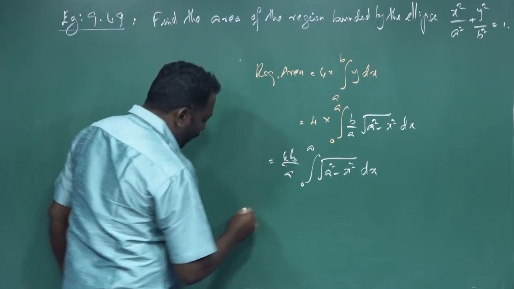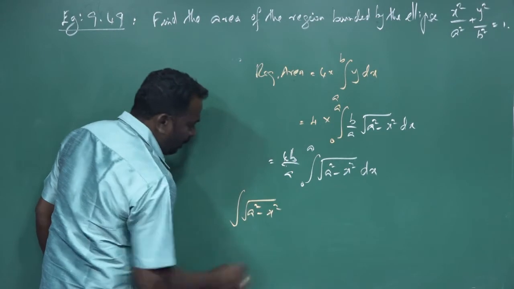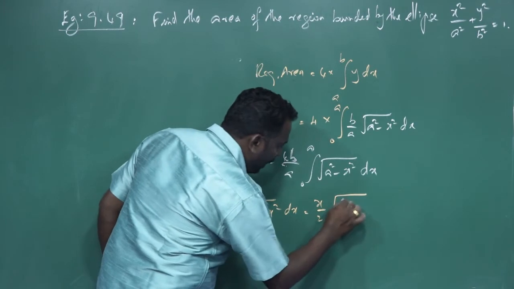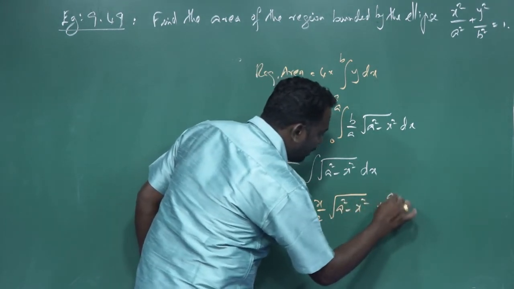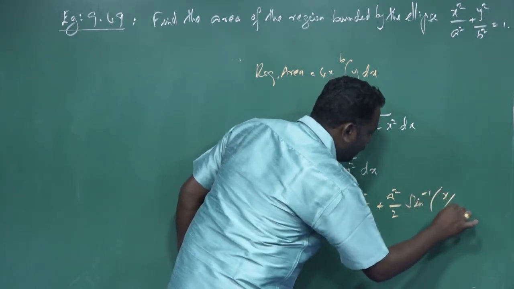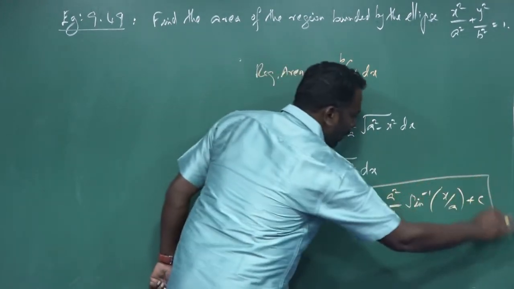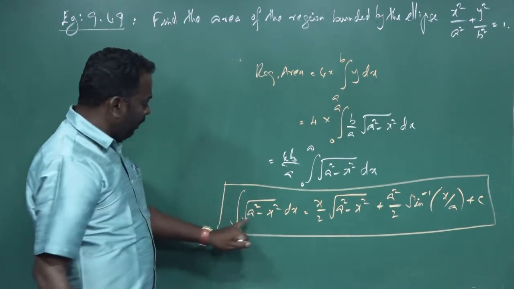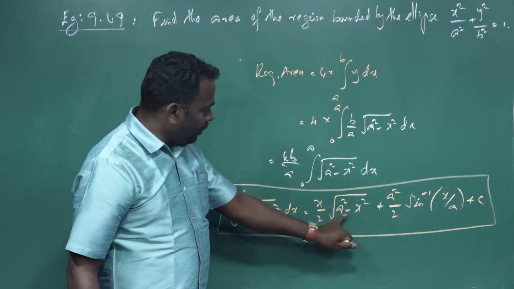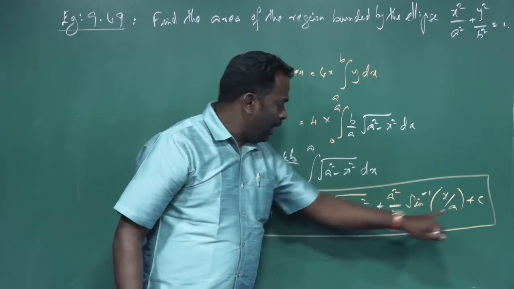Now we know the integral formula: the integral of the square root of a square minus x square dx is equal to x by 2 times the square root of a square minus x square plus a square by 2 into sin inverse of x by a plus c. That is called the integral formula.